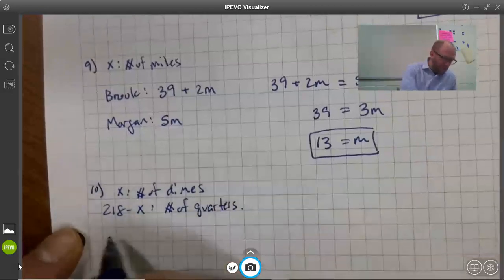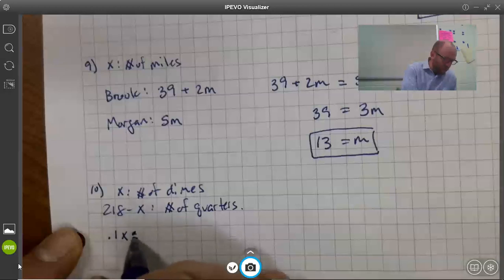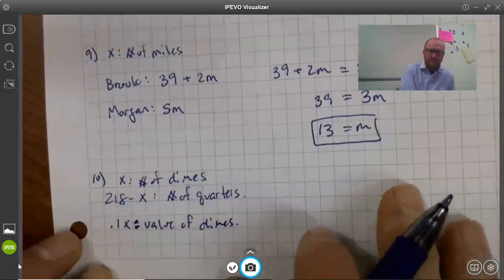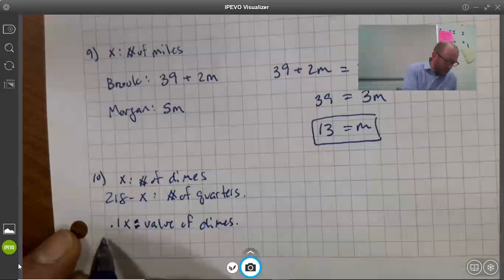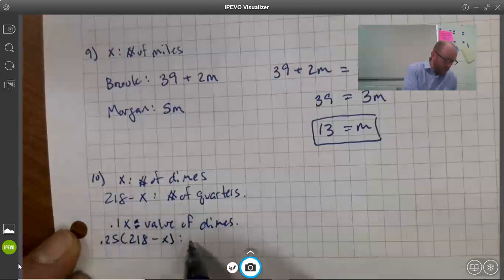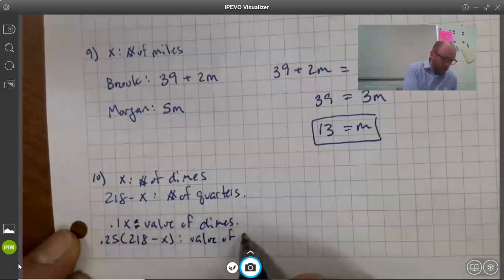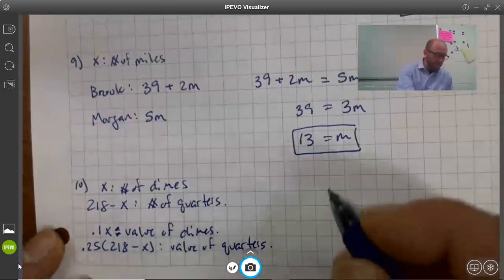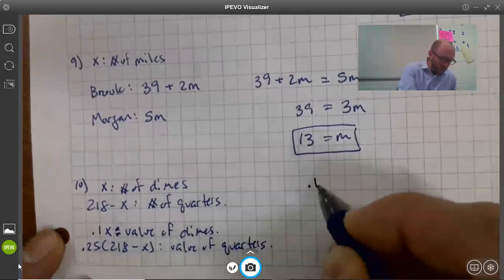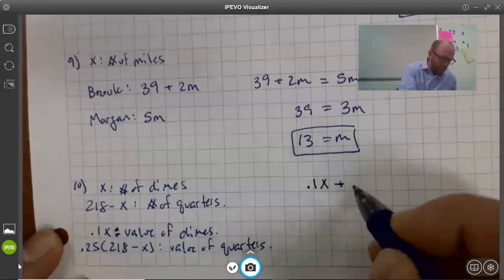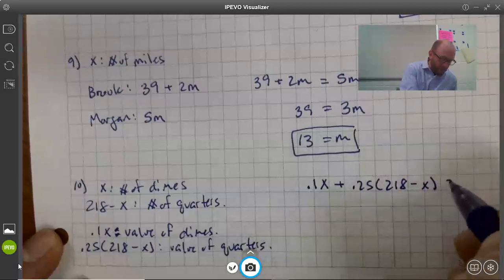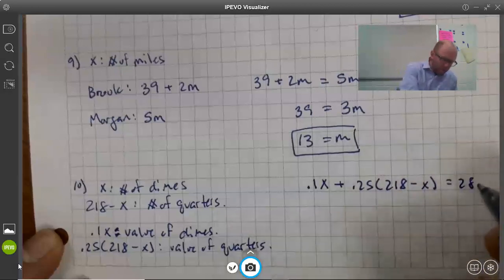We've got 0.1x would be the value of the dimes, so 10 cents times the number of dimes, and 0.25 times the number of quarters would be the value of quarters. So then altogether, we're trying to figure out when is 0.1x plus 0.25 times 218 minus x going to equal $28.55.